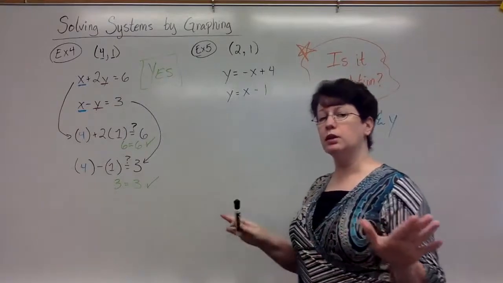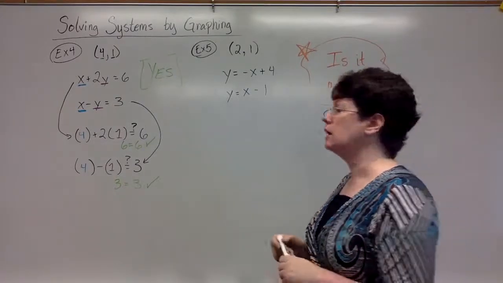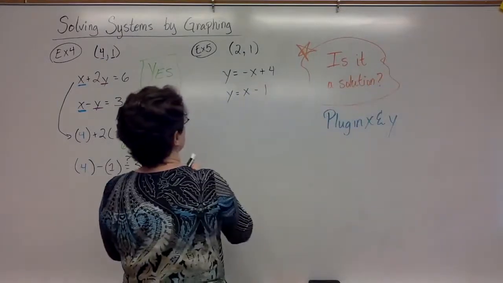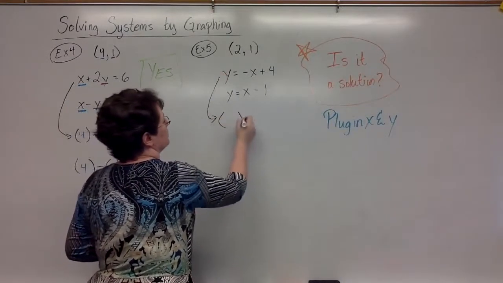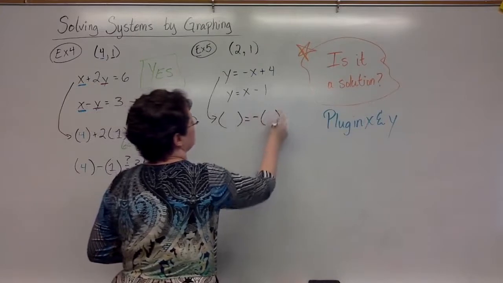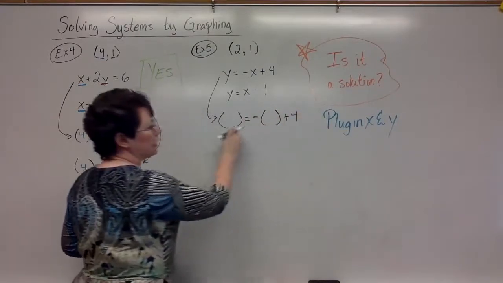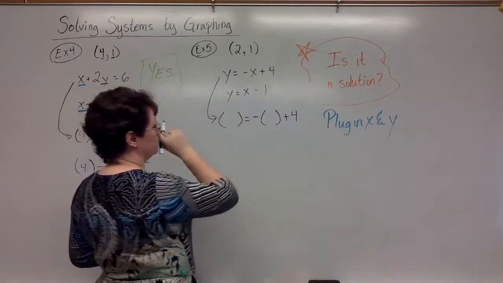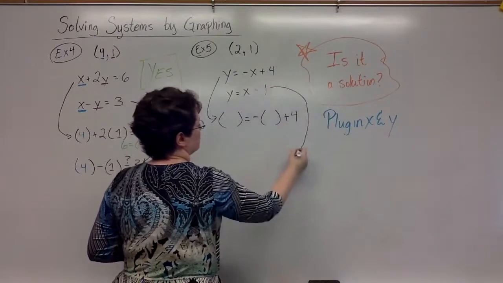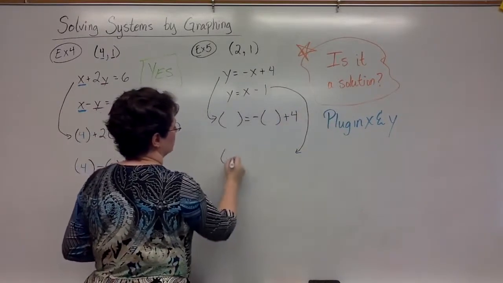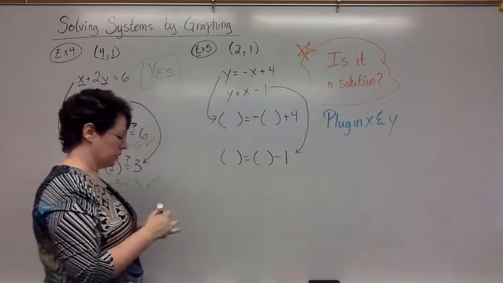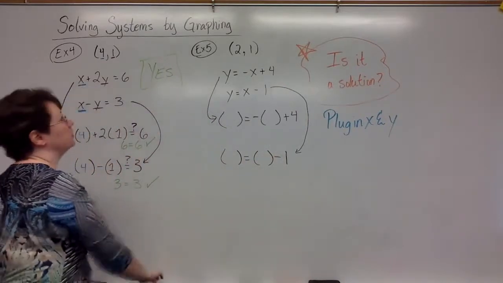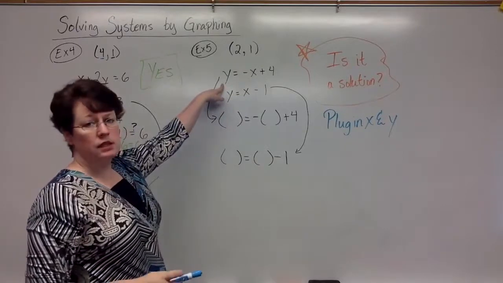Okay, so I'm going to write out my equations. I'm just going to put parentheses in there. See if we can figure it out. First equation: parenthesis equals negative parenthesis plus 4. I've got to plug stuff in, right? Second equation: parenthesis equals parenthesis minus 1. All right? Now, what is this letter?